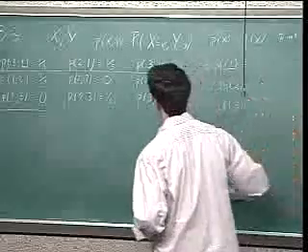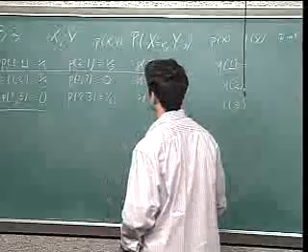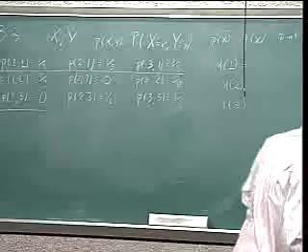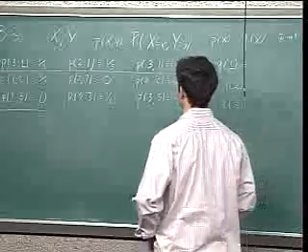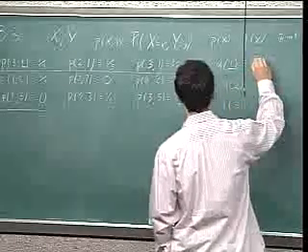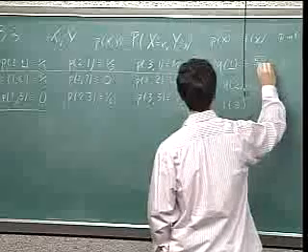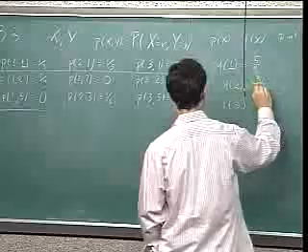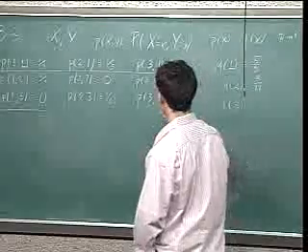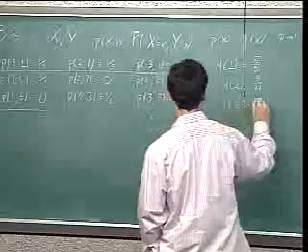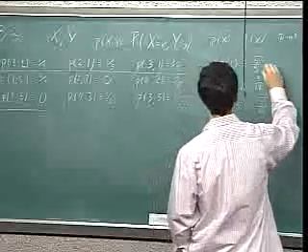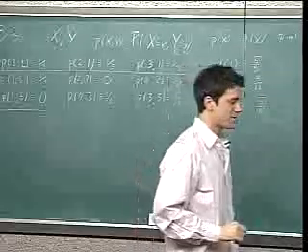This, of course, is not 2 over 3. Yeah, it's not. It's 2 over 9 plus 1 over 3, which is 5 over 9. This is 3 over 18. Okay. Sorry about that.